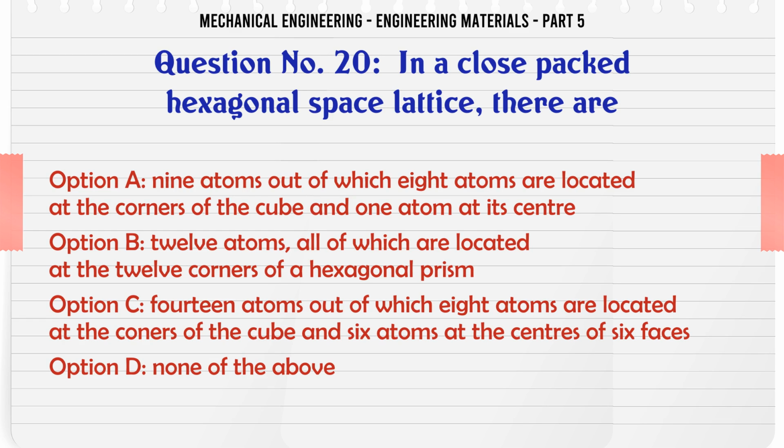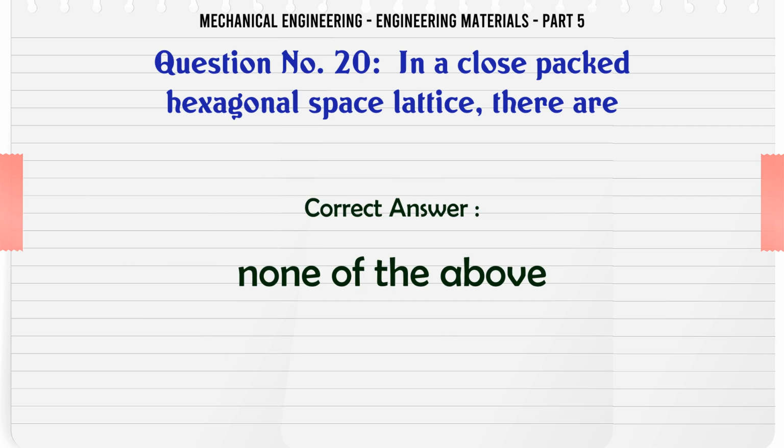B. 12 atoms, all of which are located at the 12 corners of a hexagonal prism. C. 14 atoms, out of which 8 atoms are located at the corners of the cube and 6 atoms at the centers of 6 faces. D. None of the above. The correct answer is none of the above.